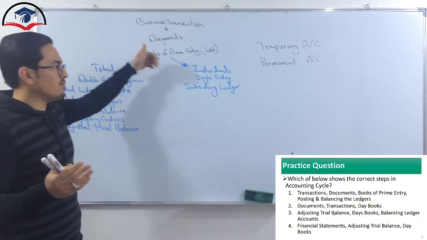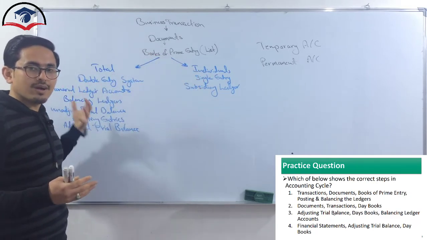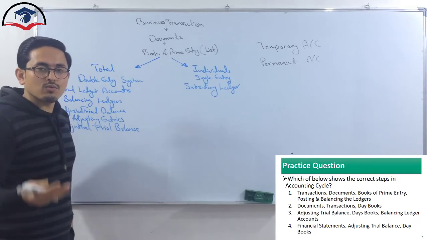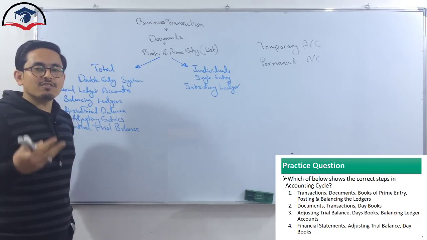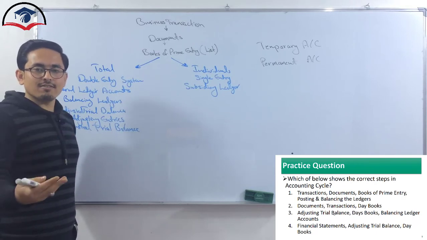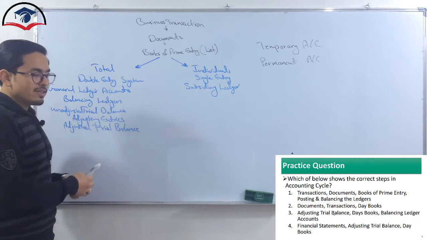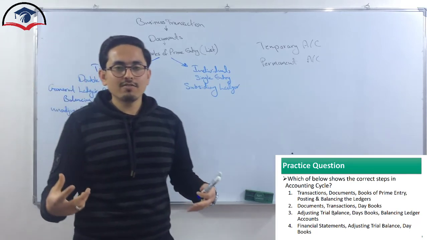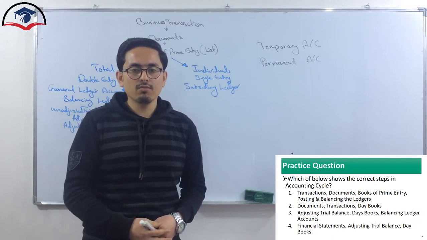Then you will categorize single entry and double entry. Single entry is only for a memorandum, and for double entry, posting to the ledgers. You will balance the ledgers, and after that prepare the unadjusted trial balance. Do the adjusting entries and prepare the adjusted trial balance. After that, the steps which exist are preparation of the financial statements and closing the books of accounts.